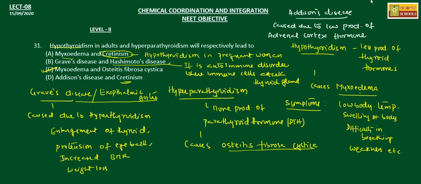This actually will alter the carbohydrate metabolism. As a result, the person will have weakness and also fatigue. So that is Addison's disease, and it is because of low production of hormones from the adrenal cortex. Hence Addison's disease is not concerned here. So only option C will be right.